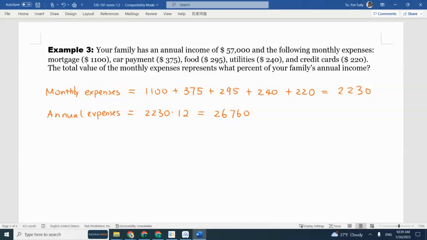Yeah. Okay, so percentage: 26,760 divided by 57,000. And what do you get? Give me 4 decimal places.